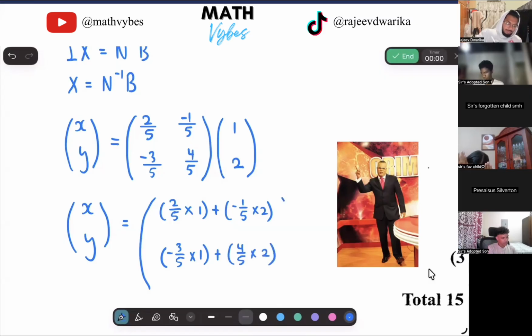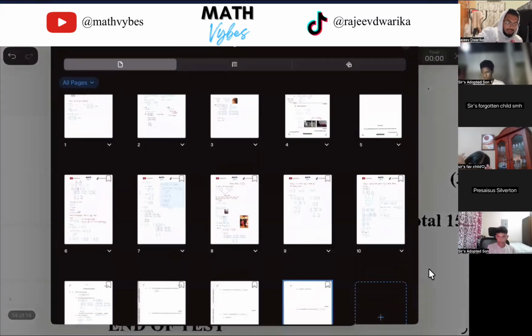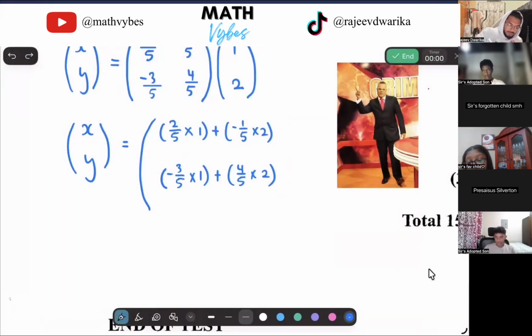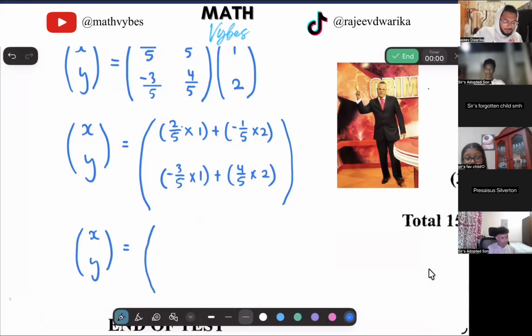Excellent. Now we need to see if we can multiply fractions. You have a calculator, don't worry. So 2/5 by 1 is just 2/5. And then we have minus 1/5 by 2.